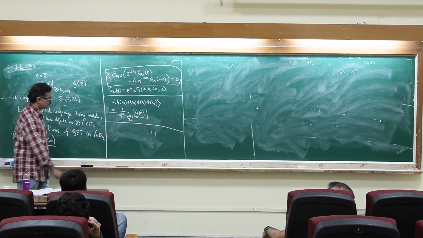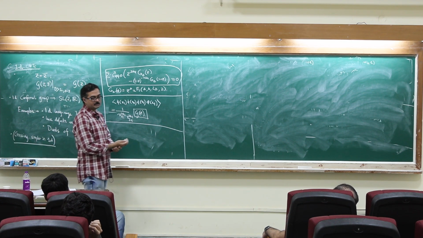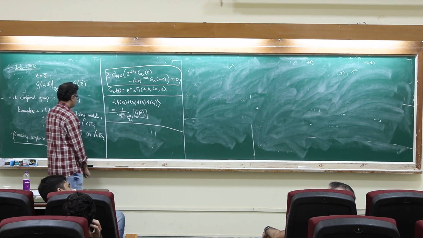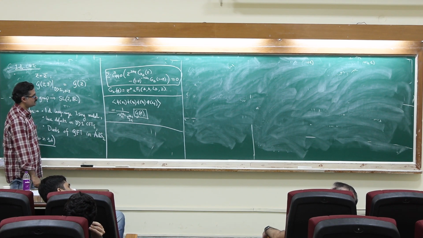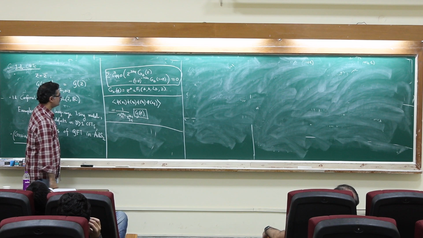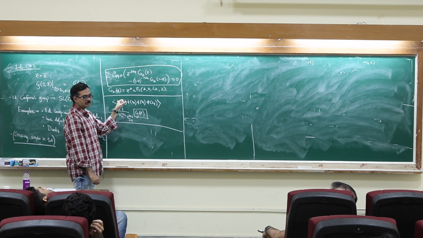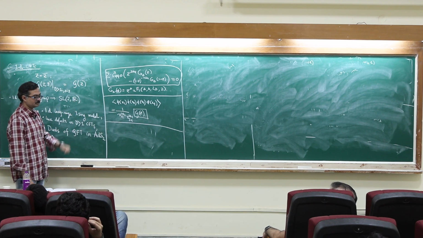One thing I should mention is that in one dimension there is no spin. But you can have statistics, in the sense that you can ask, if I swap these two operators, do I get a sign factor or not?